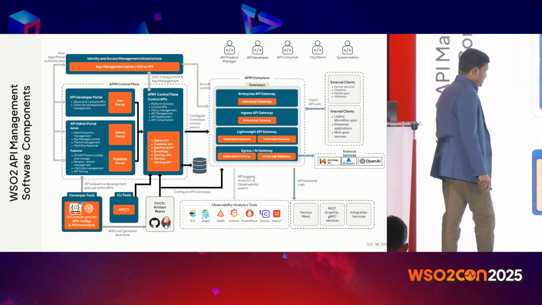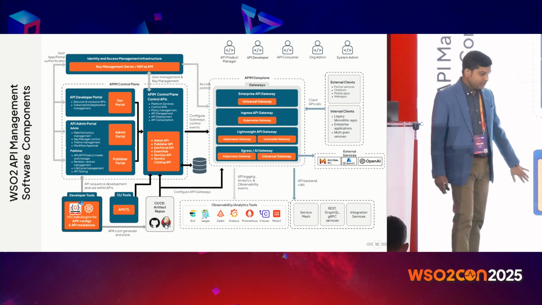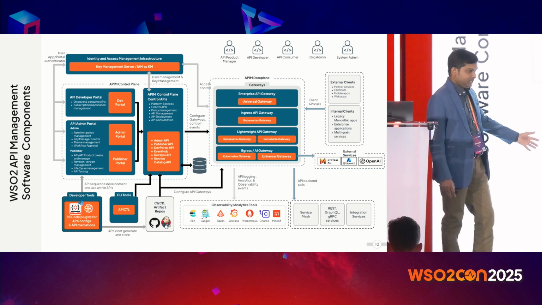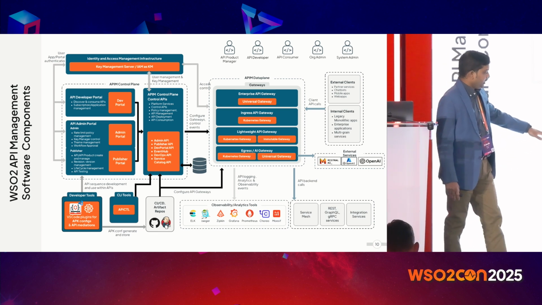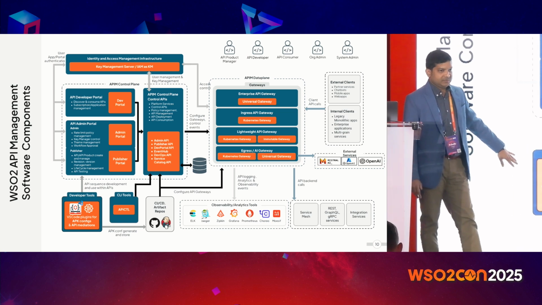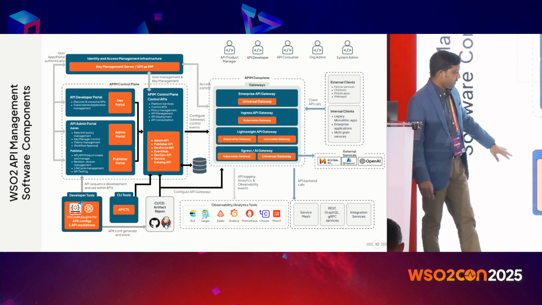And then we have the developer tools, VS Code plugins and extensions, if you are looking into deploying APIs in Kubernetes. This VS Code plugin will help you define your API.